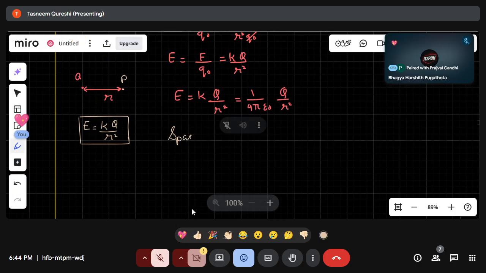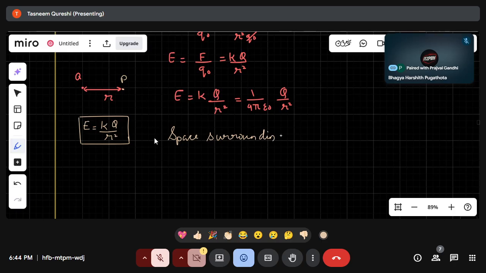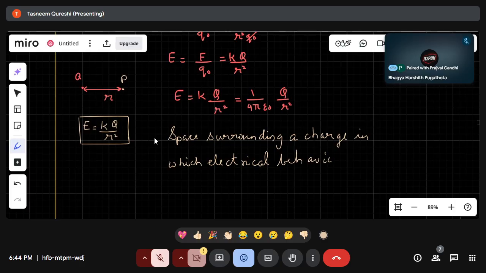Space or region surrounding a charge in which electrical effects can be observed is called electric field.